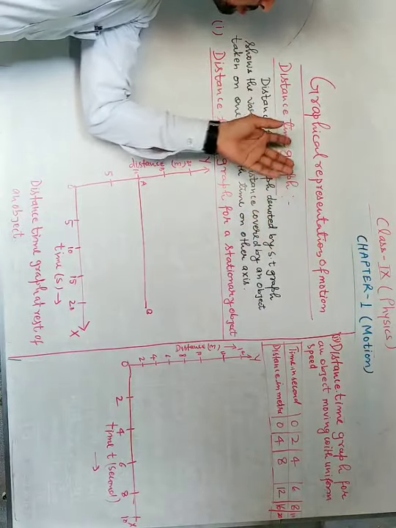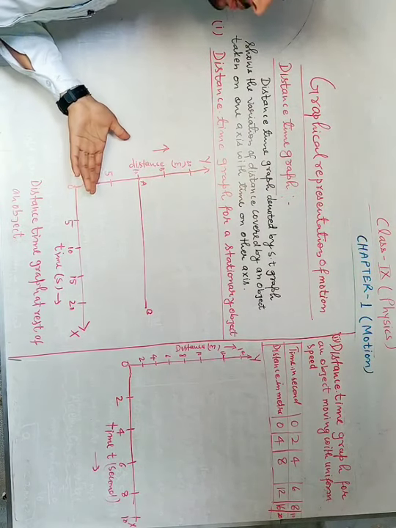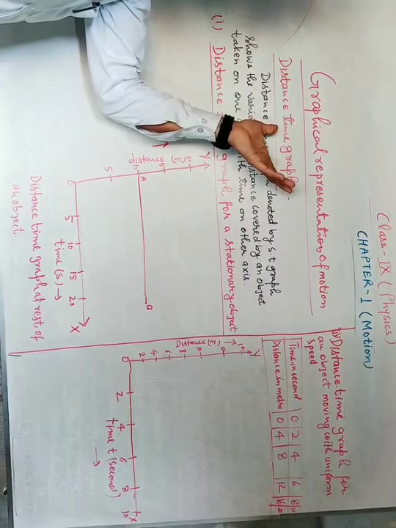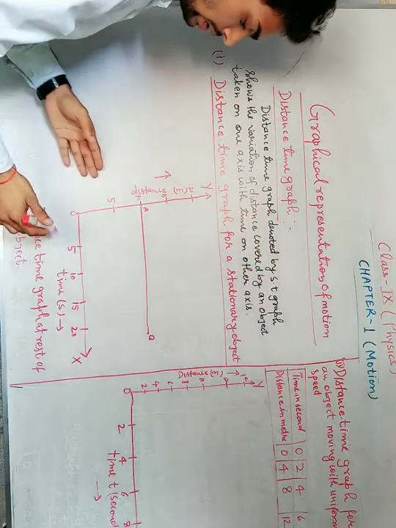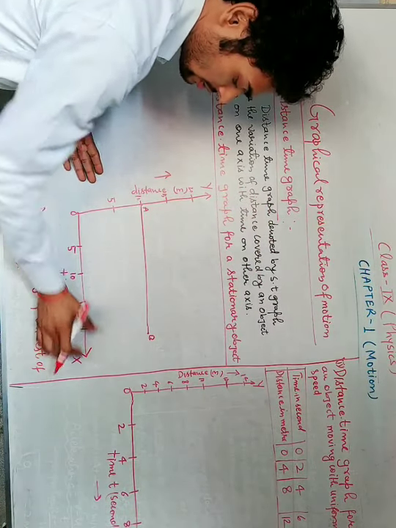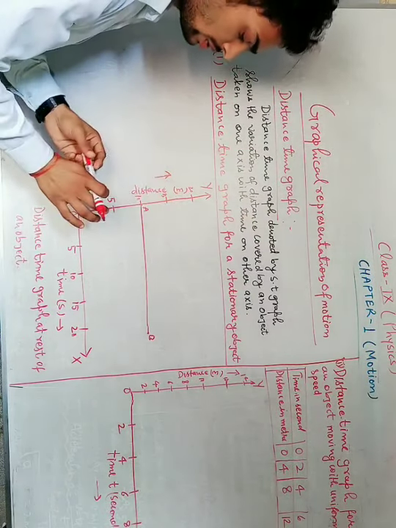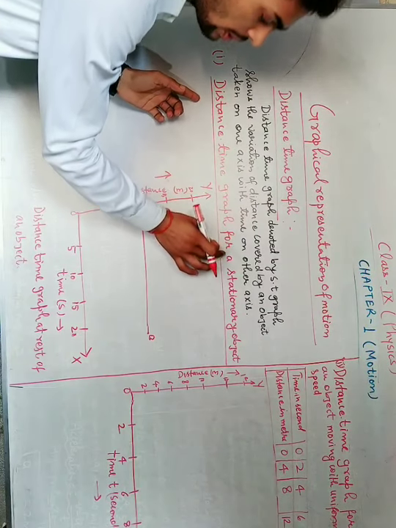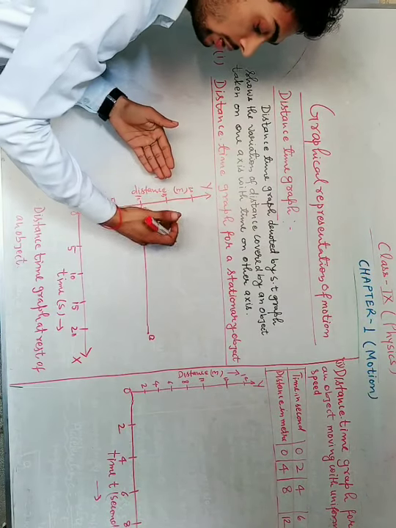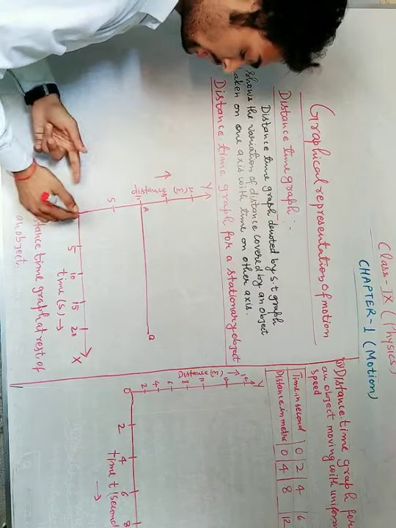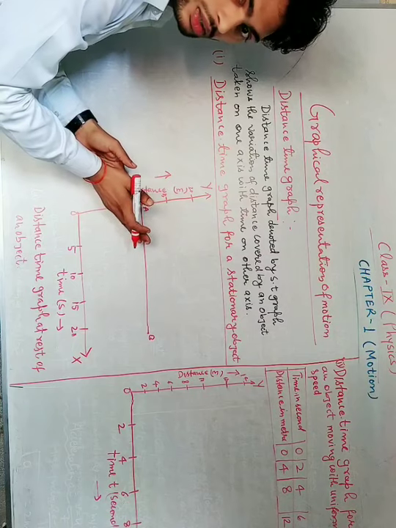Graphical representation of motion. Let us discuss how to represent a distance time graph. The distance time graph is also known as the s-t graph. Here we represent time in seconds on the x-axis and distance in meters on the y-axis. Now, the distance time graph for a stationary object, or an object at rest: suppose the object starts moving, travels 10 meter, and then remains at rest.